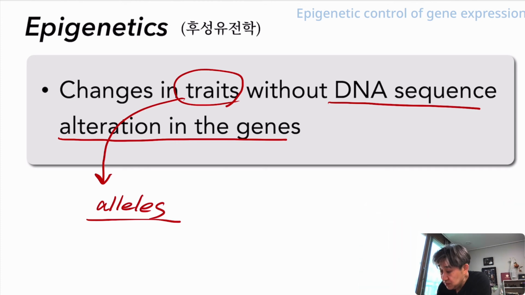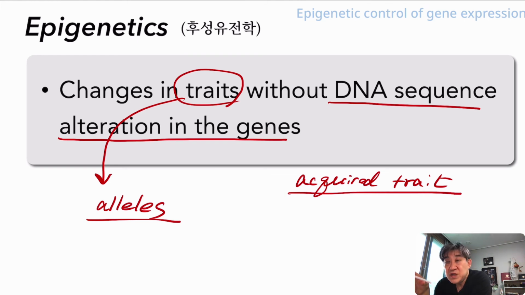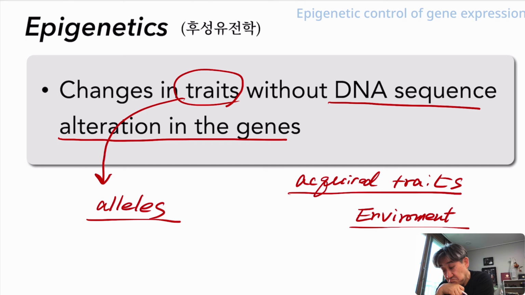Although something called acquired traits are sometimes observed, which are the result of environmental adaptation, these are discounted as not true traits, because they are not going to be inherited into the next generation.